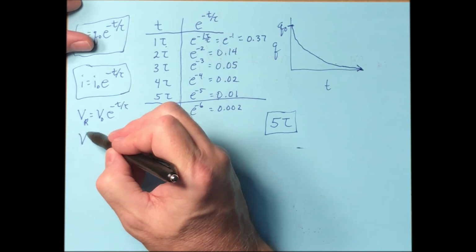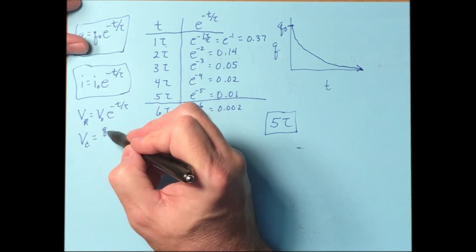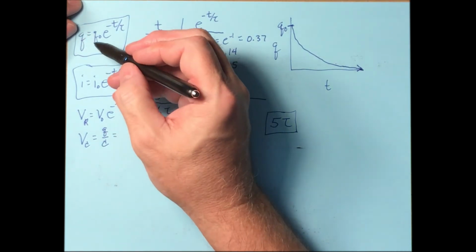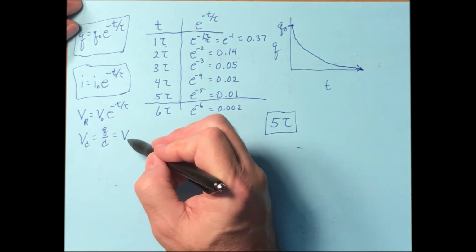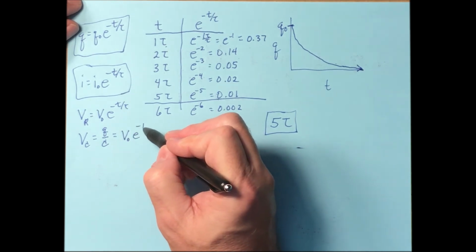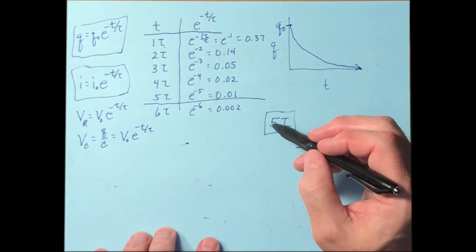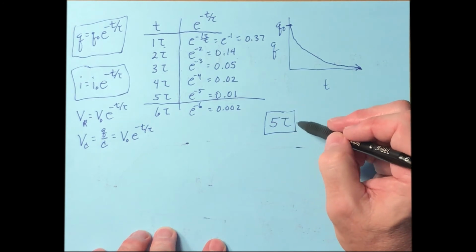What if we looked at the voltage across the capacitor? The voltage across the capacitor is just going to be Q over C. And what does that turn out to be? Well, this is Q. It's going to be some maximum voltage, e to the negative t over tau as well. So everything decays at the same rate here. It's going to be 5 tau.